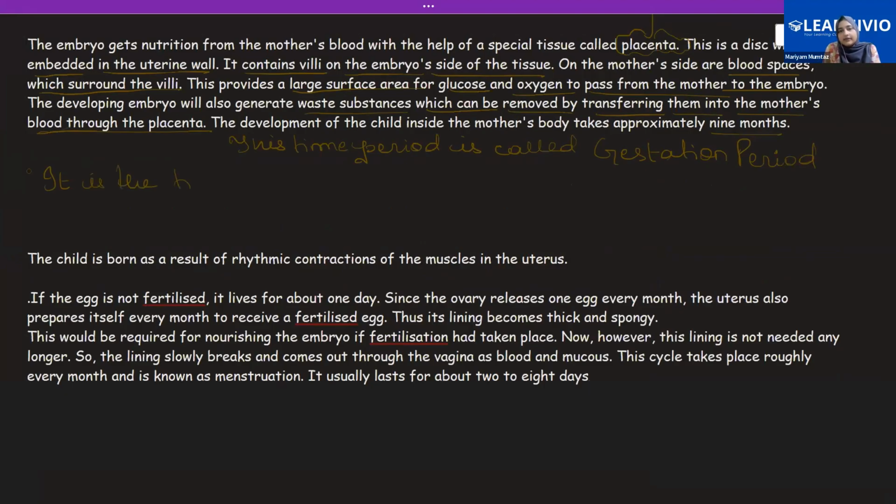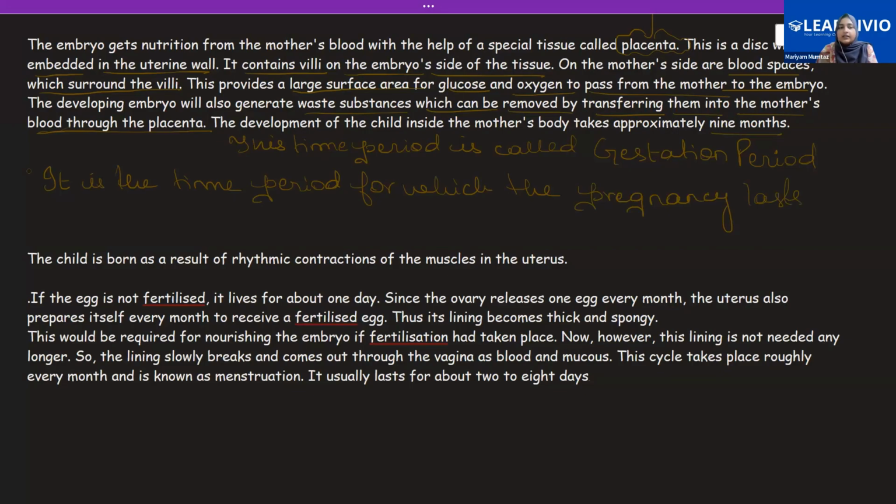It is the time period for which the pregnancy lasts. Okay, so it is the time period for which the pregnancy is going to last.